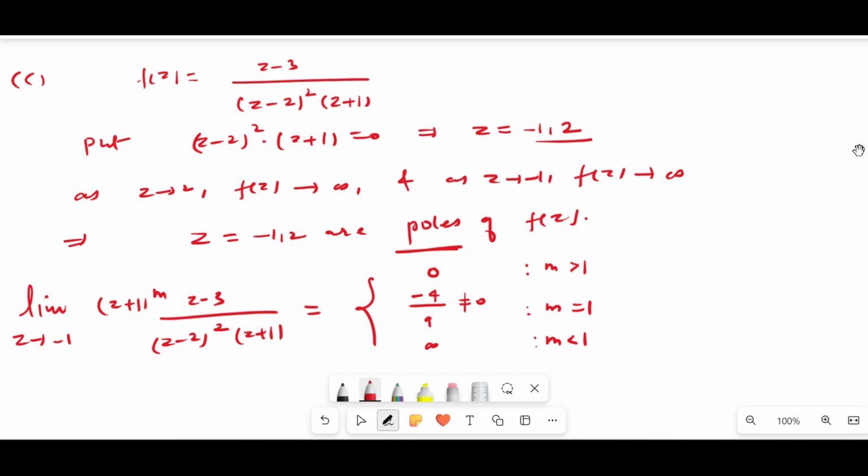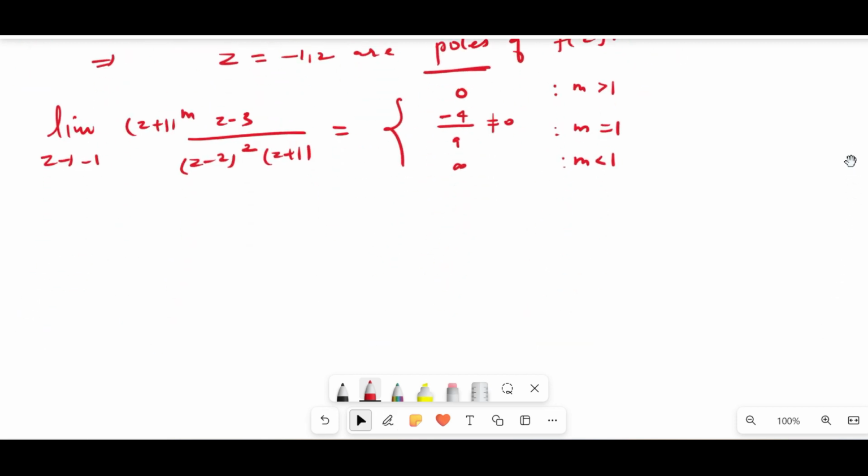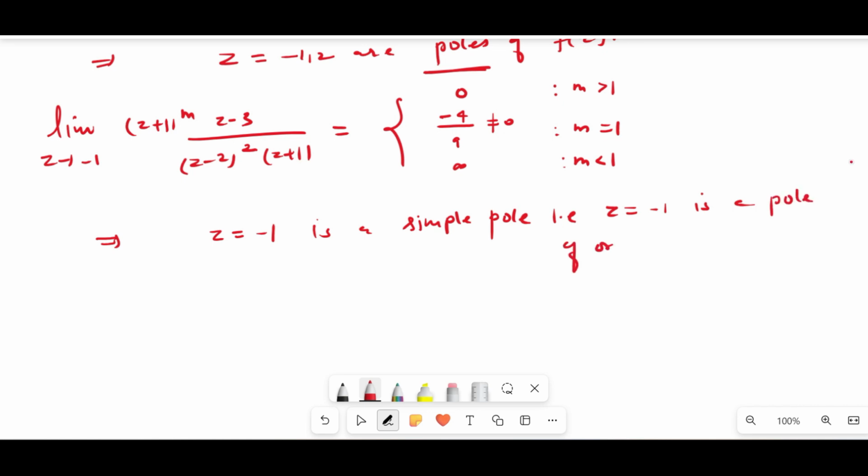So from here we can imply that the singularity z is equal to negative 1 is a pole, a simple pole. Simple pole means z is equal to negative 1 is a pole of order 1. So this is our answer.